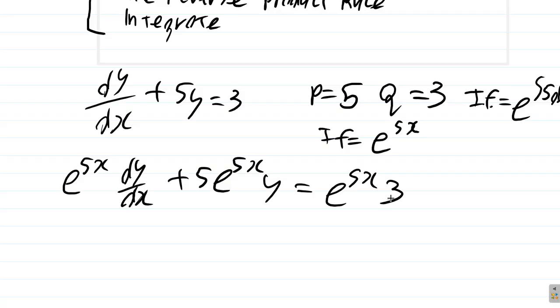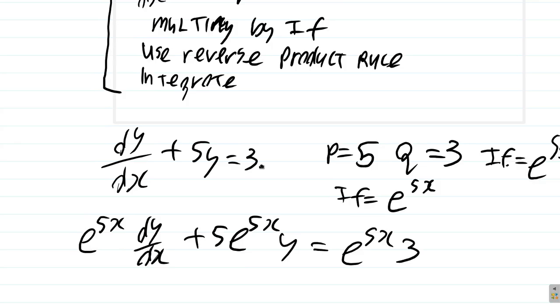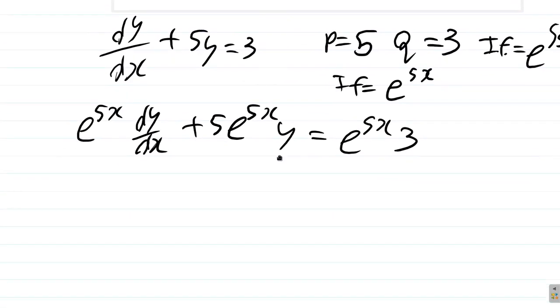Now, you next use the reverse product rule. What that means, what you have here is the result of differentiating something, some product. Remember what the product rule says?